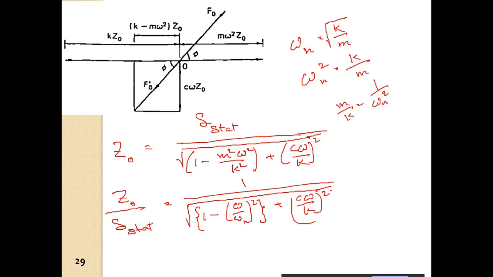Okay, so we have defined two important terms. Z naught by delta static here is called the magnification factor.